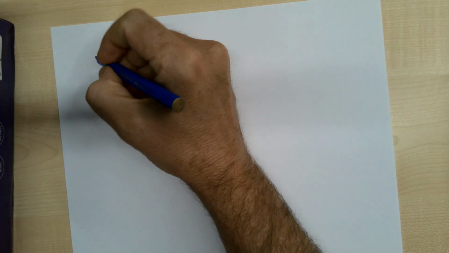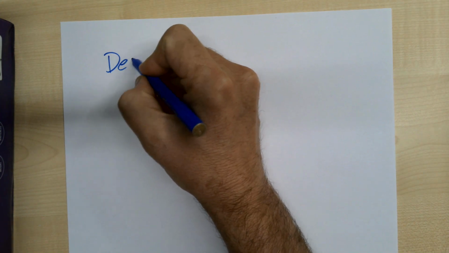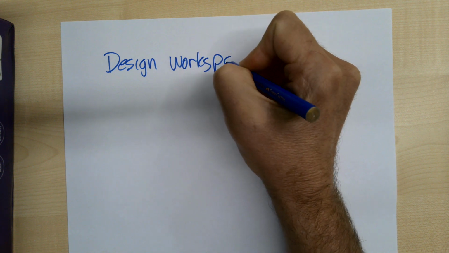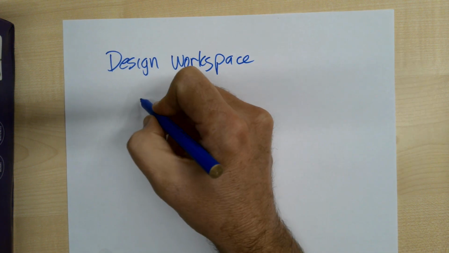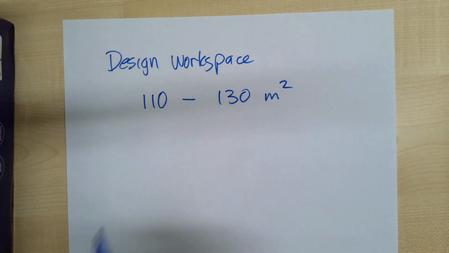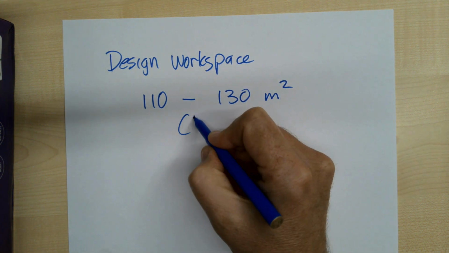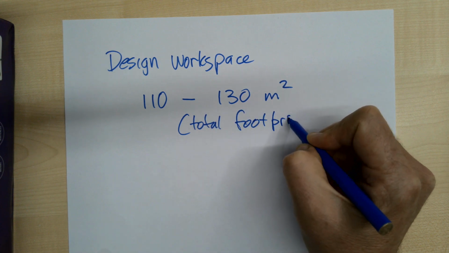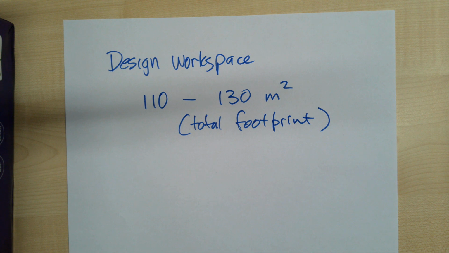All right, so what have you got to do? You've got to design the workspace. It's got to be between 110 and 130 square meters in total footprint. So that is the total area of the whole shebang. The total thing must have a range.